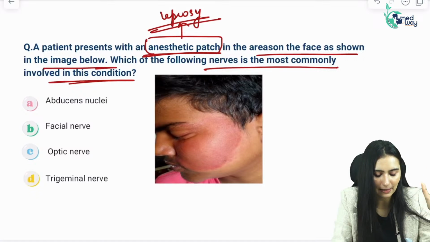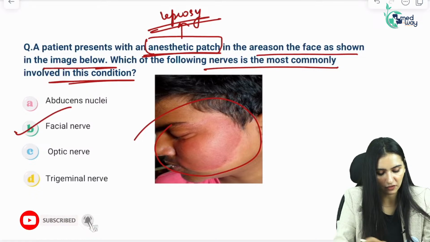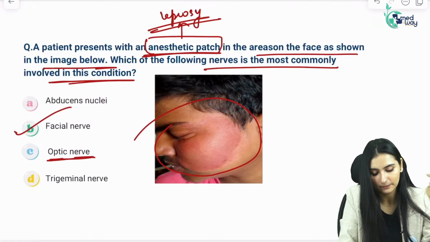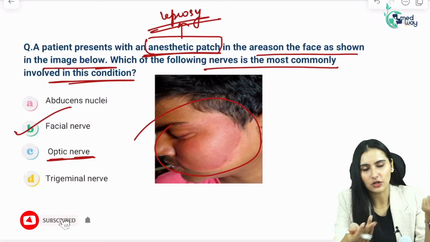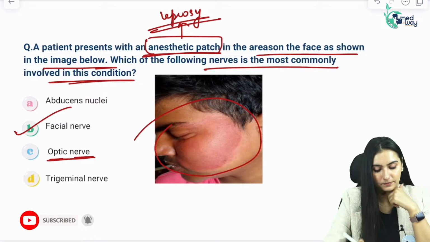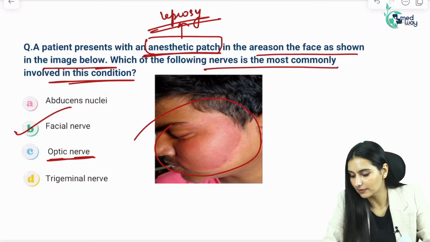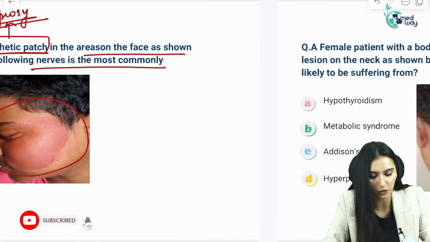So the patient has leprosy. Almost the whole face is involved. What is it? It is facial nerve. Optic nerve, eye will be involved. Anesthetic patch, facial nerve on the face. It is a sensory nerve. Facial nerve, everybody has answered facial nerve, good.